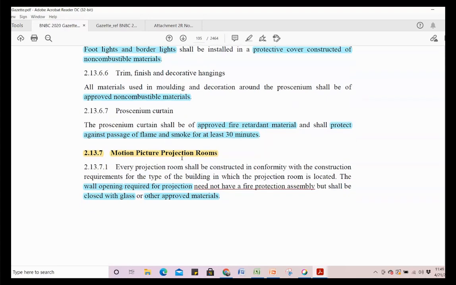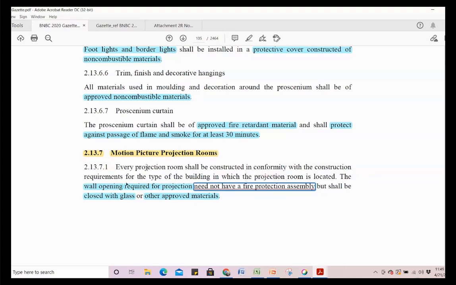And when there is a projection facility in such facilities, like motion picture projection rooms, every projection room shall be constructed in conformity with the construction requirements for the type of building in which the projection room is located. The wall opening requirement for projections need not have a fire protected assembly.